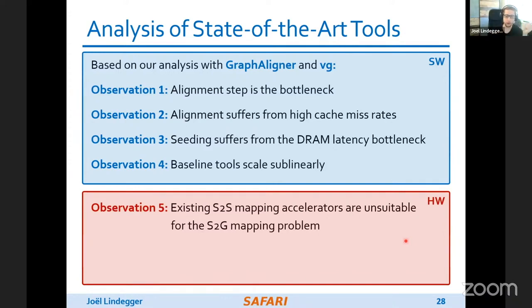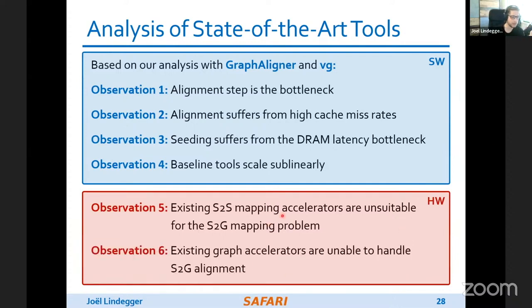You can try to come up with schemes of how to reuse them partially, but at the end of the day, sequence to graph mapping requires a strict superset of the operations needed for sequence to sequence mapping. Sequence to sequence accelerators just cannot handle those indirect edges, the hops in the graph. So you cannot use the existing accelerators.